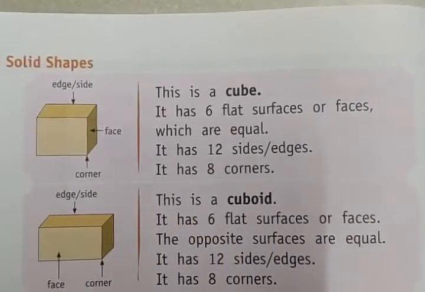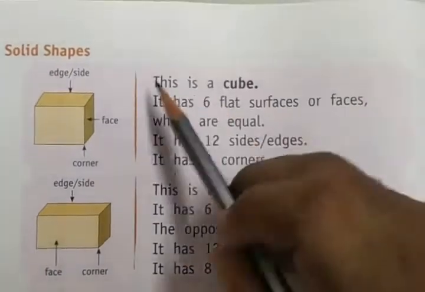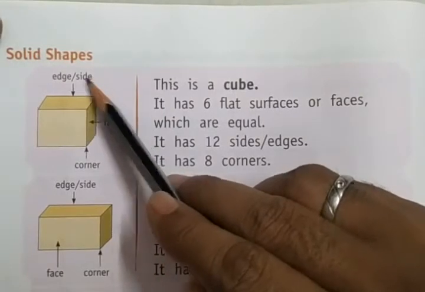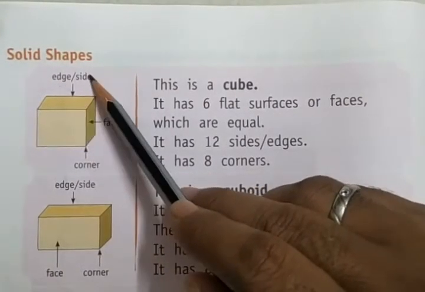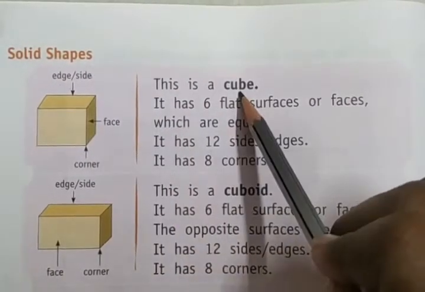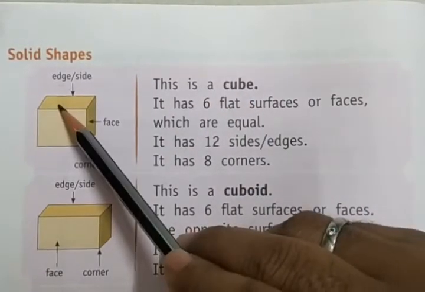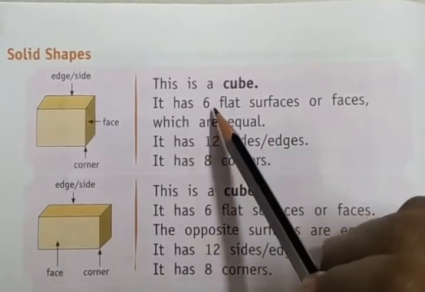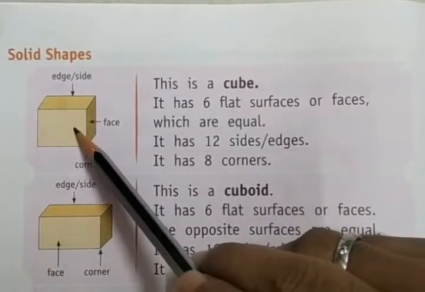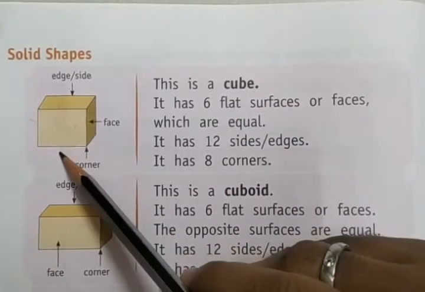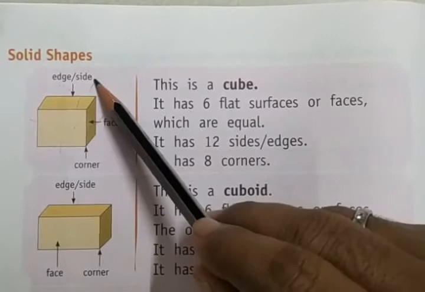Here we have some solid shapes. Edges and sides. This is a cube. It has 6 flat surfaces: 1, 2, 3, 4, 5, 6.